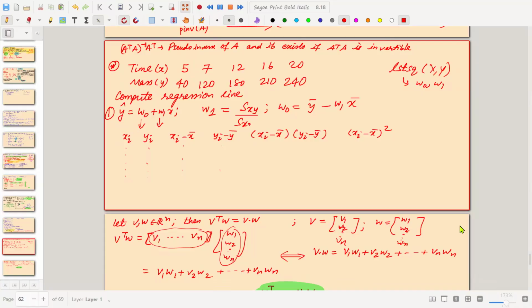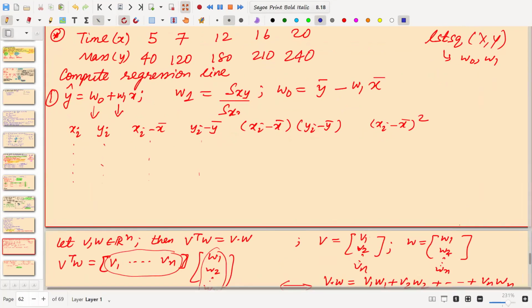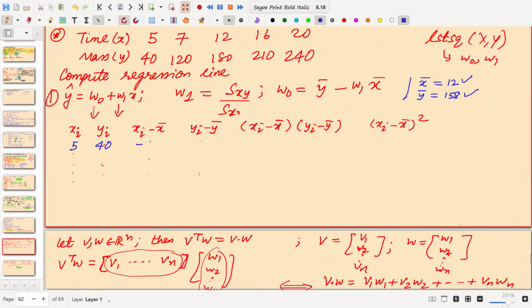Right, so continue. Tell me the data points. So xi is 5 and yi is 40. So x bar, the mean, comes to 12. Y bar, yes, correct. Now xi minus x bar is -7. Yi minus y bar is -118. Then xi minus x bar into yi minus y bar, -7 into -118, is plus 826.